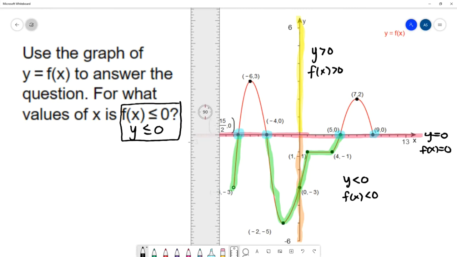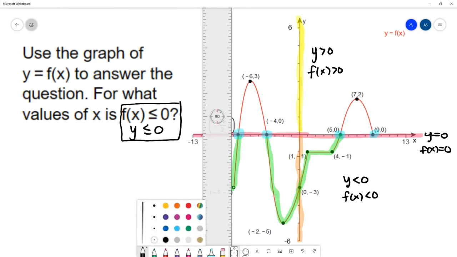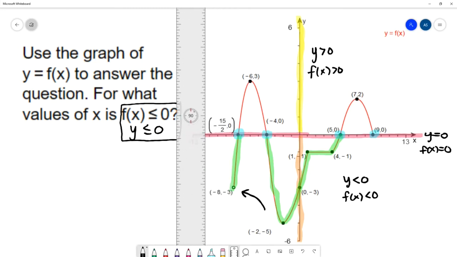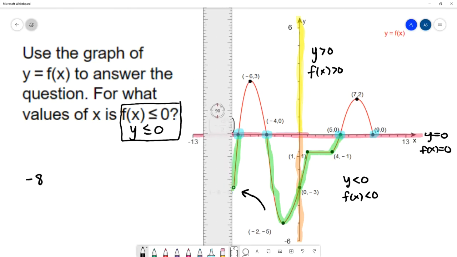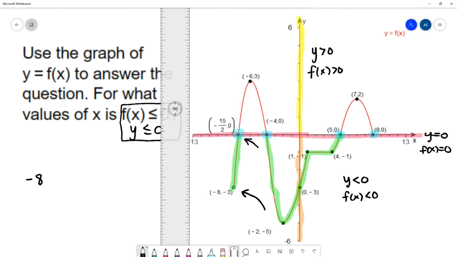You can hold your pencil vertically. And on this green section here, the first point I hit is this one down here. This is my lowest x. So I'm going to use negative 8. Then my highest x is right here. And that has a negative 15 over 2.